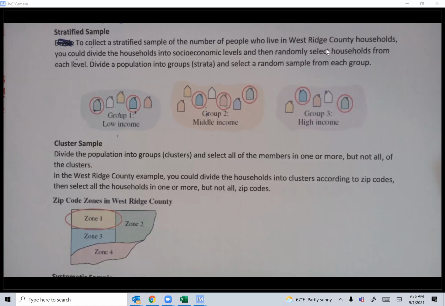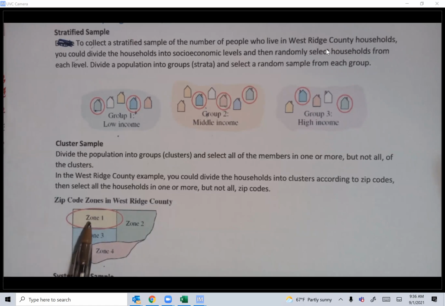There is an advantage and disadvantage of using this. For example, guys, if this was about low income, middle income, high income people, that would be bad to use a cluster sample. Because if zone 1 was only the low income people, then you left out the middle and the high income people.